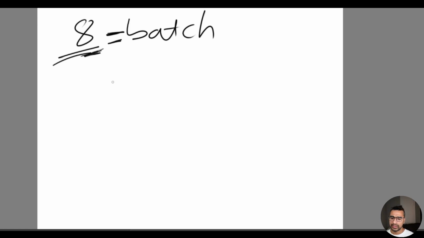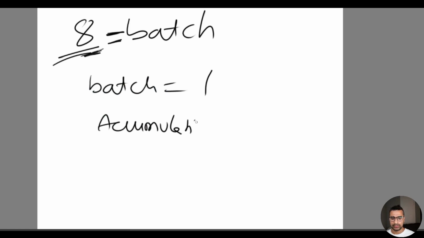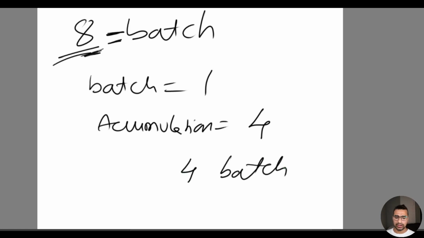So what you can say is, you can put batch equal to 1 and accumulation equal to 4, which means effectively you are running the fine tuning on 4 batch. It takes time. That's the trade-off. If you're doing gradient accumulation, it is slower. But if you don't have GPU RAM, then the next best thing where you can achieve the same kind of batching results is using gradient accumulation.